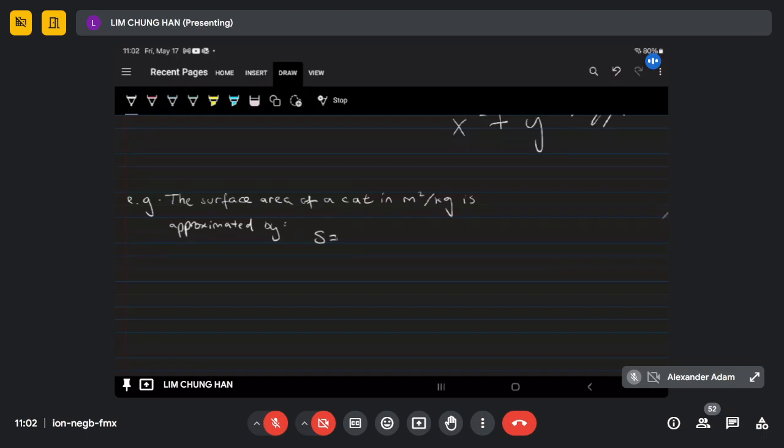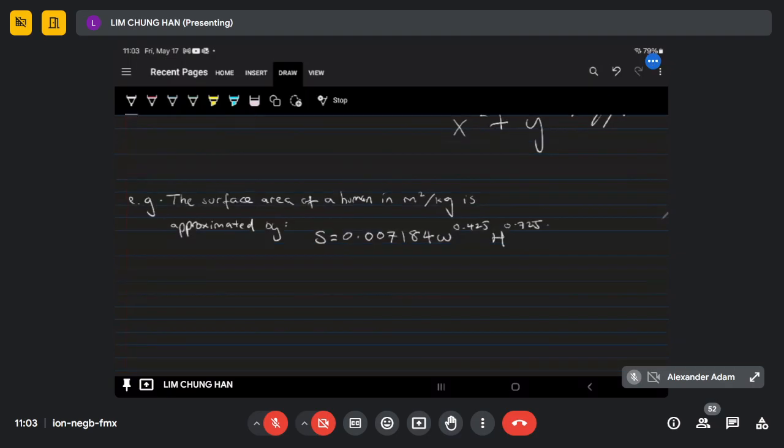Okay, S equals 0.007184 W to the power 0.425 times H to the power 0.725. Nah, maybe not cat. Maybe I don't know. Maybe human.